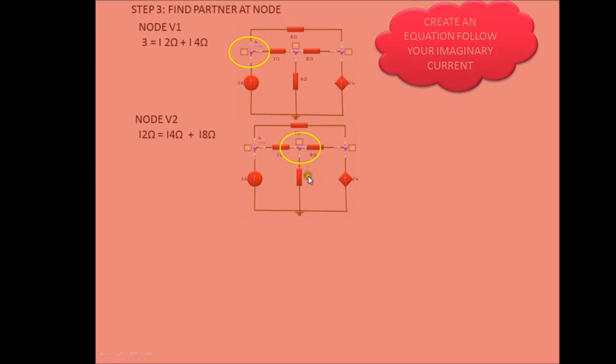So we can get this equation. For node at V3, the equation is 2Ix equals I4 ohm plus I8 ohm. Ix is equal to I2 ohm.